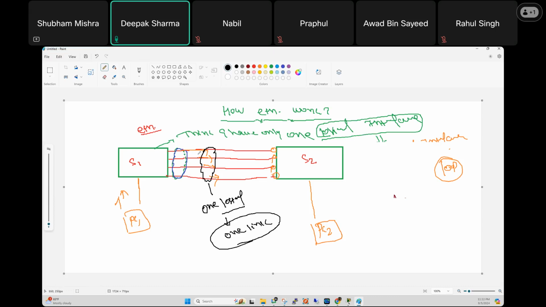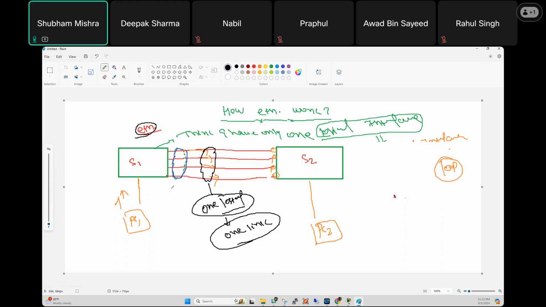Now, again, you will ask, sir, you are telling us PC number 1 will send the packet and it will reach switch number 1, on which we already configured the EtherChannel. So EtherChannel will decide, among all four physical links, to choose one link, because all four links are part of the logical link.